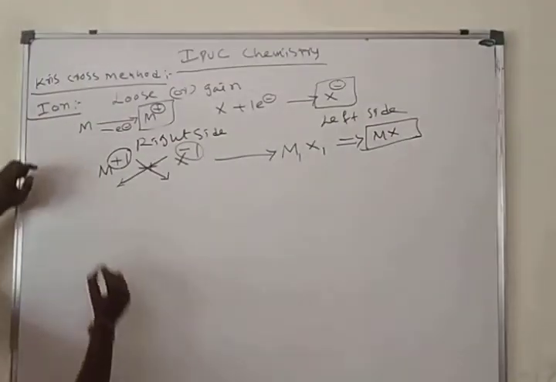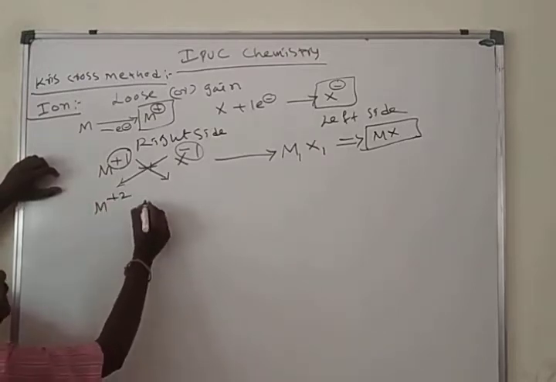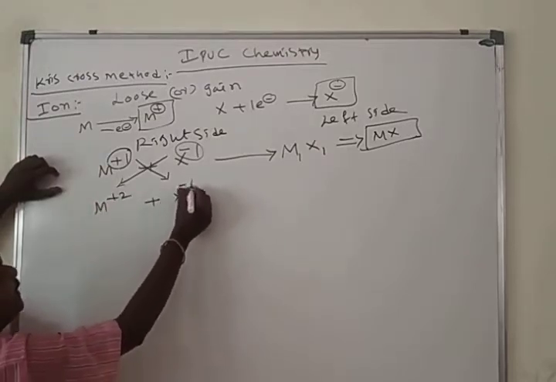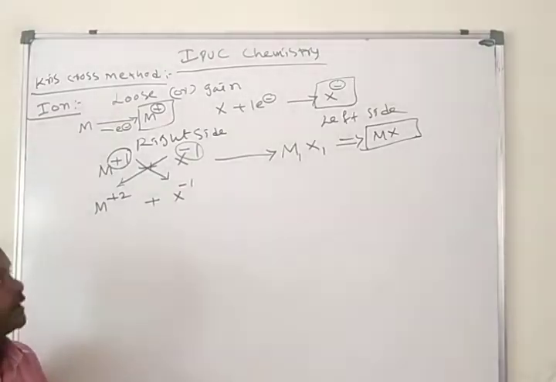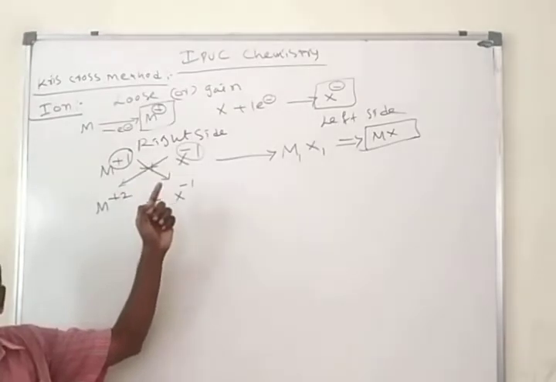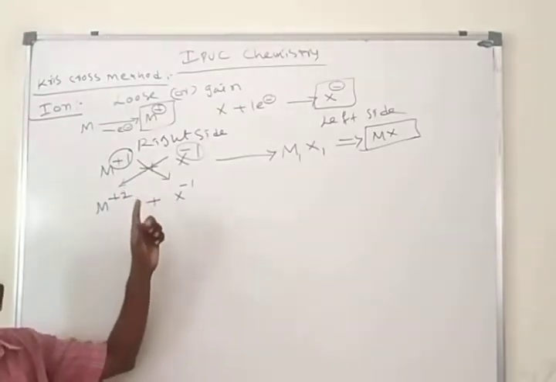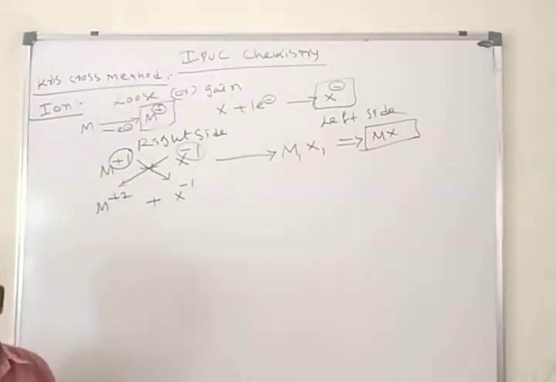Suppose for example M plus 2 is there and X minus is there. M plus means it loses 1 electron. If it loses 2 electrons, M plus 2. 3 electrons, M plus 3. 4 electrons, M plus 4.